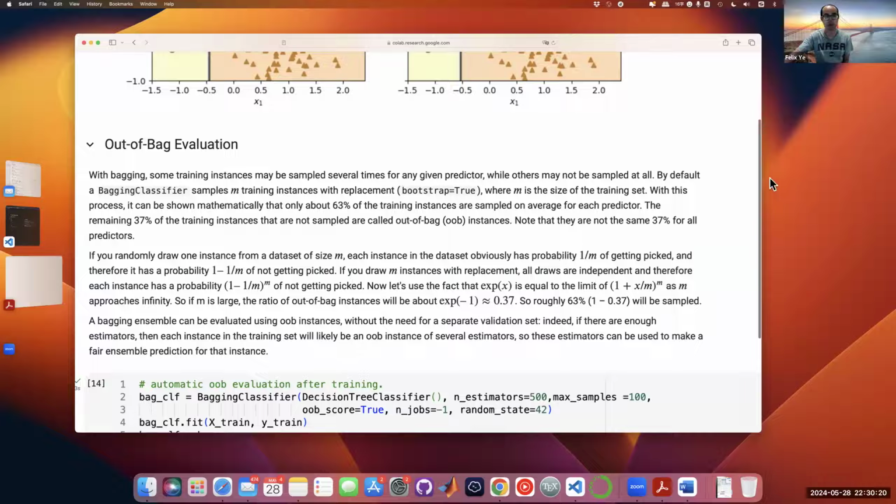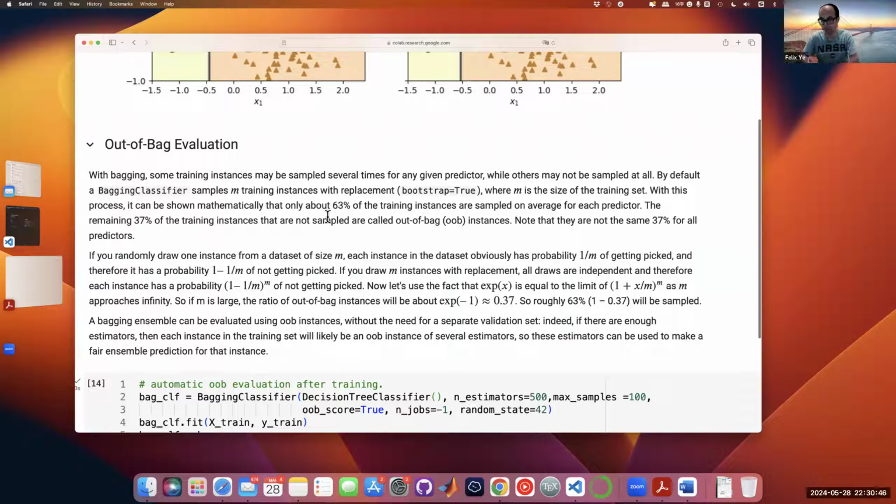In fact, we can show later that only 63% of training instances are sampled on average for each predictor. So the remaining 37% of training instances are not sampled. These are naturally the out-of-bag, OOB, instances.